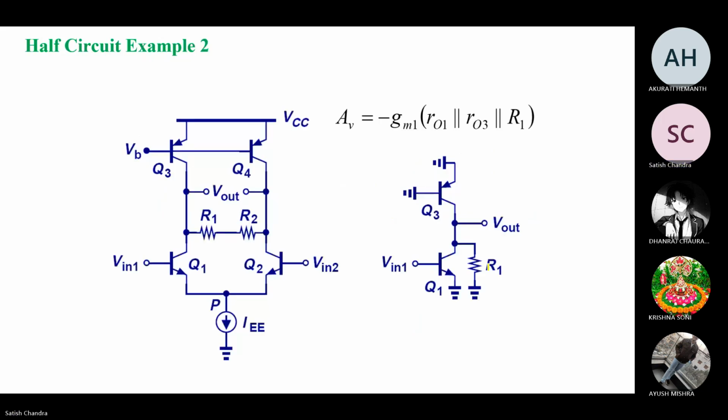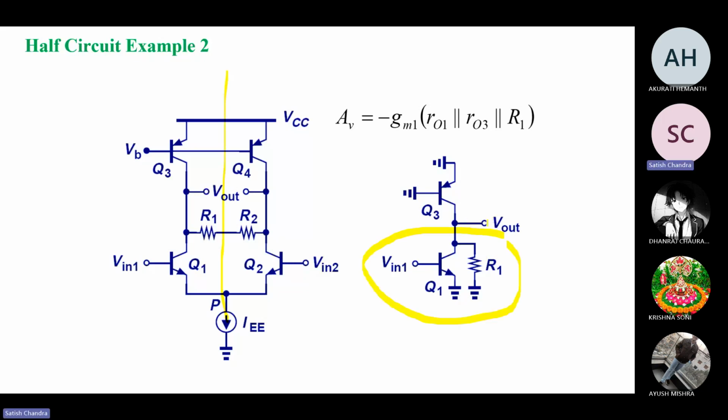Similarly, if we are going to further extend this, what is going to happen if I utilize this type of circuit and make another half circuit of this one? We already know about this, right?